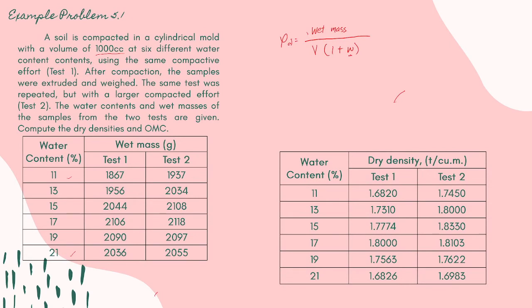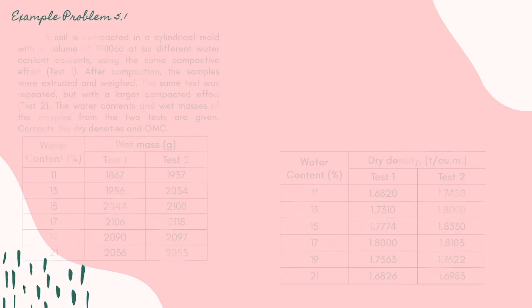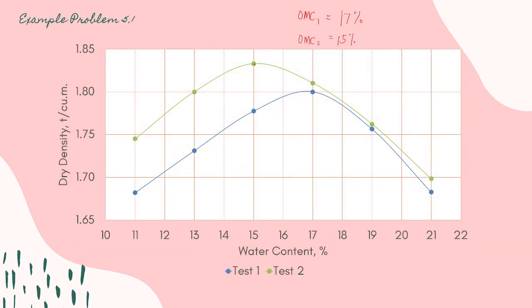You will notice that for the second test, a larger compaction effort was used, so you arrive at a smaller optimum moisture content and a larger dry density.